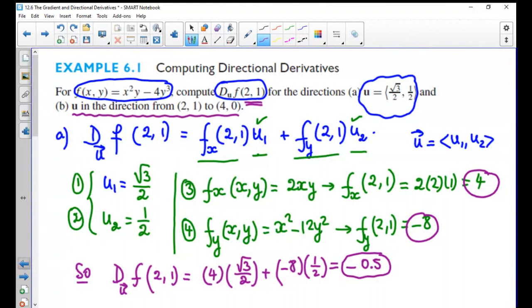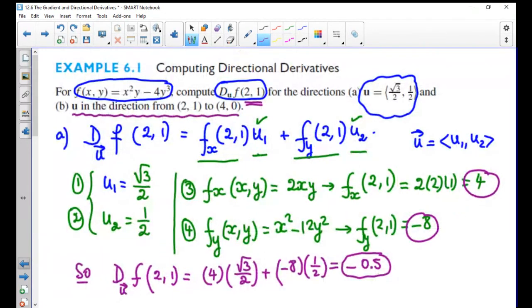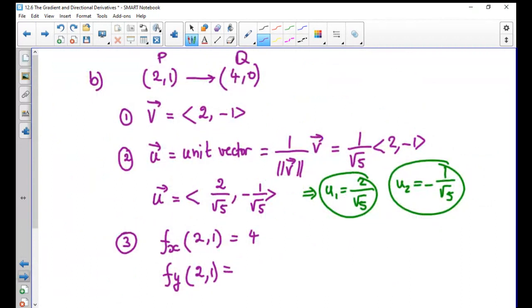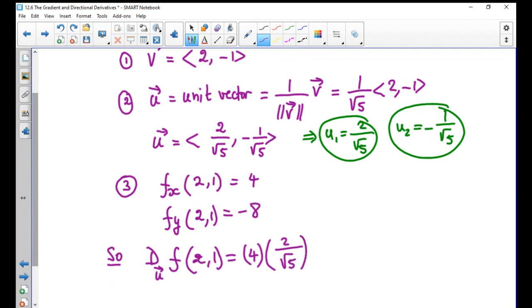So fx at 2, 1 is 4, and fy is minus 8. Okay, that means now the directional derivative of f in the direction of v or u, it's the same thing, at the point 2, 1, this time will be 4 times 2 over square root of 5, plus minus 8 times minus 1 over square root of 5.